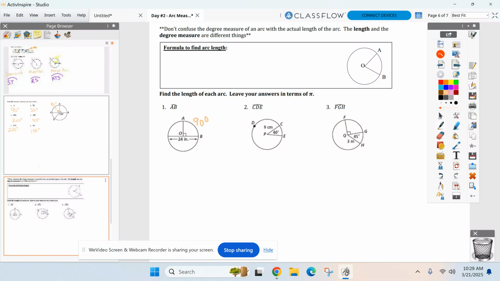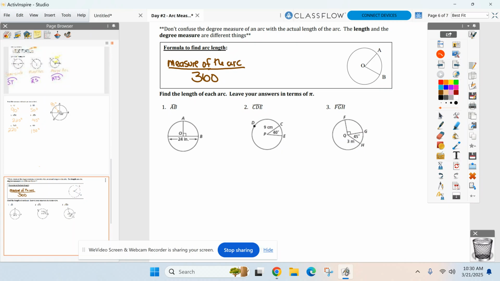So how do I figure out how long an arc is? Here we go. We first start with the fraction. On top of it is the measure of the arc, which you just found for me, in degrees. We're going to put that over 360, because there are 360 degrees in a circle.